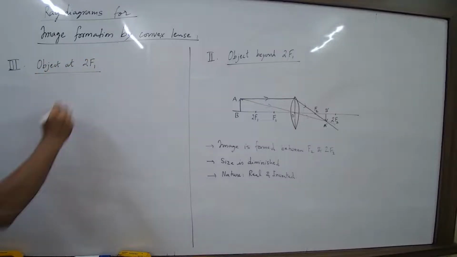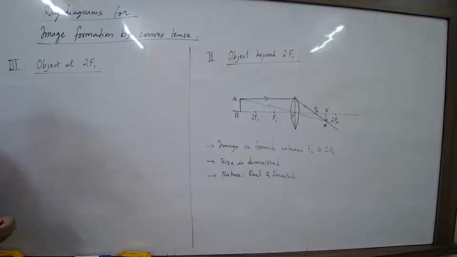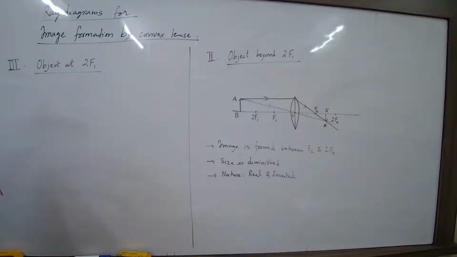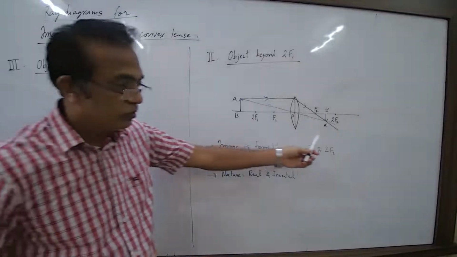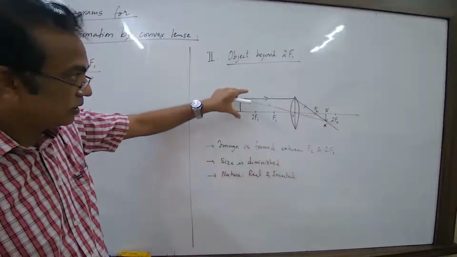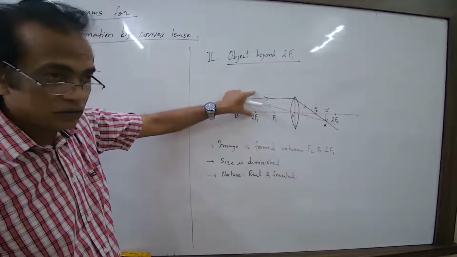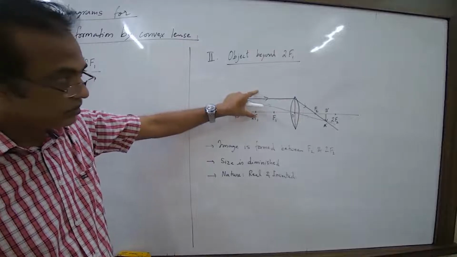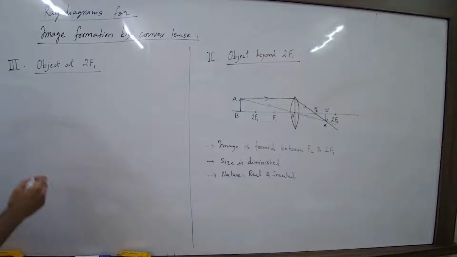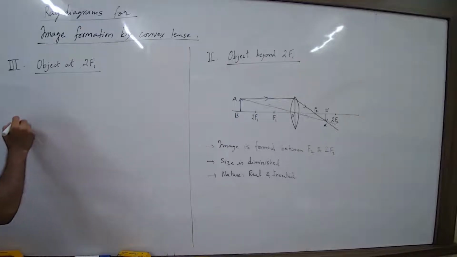So, what is the expected image now? Size? So, it will form at 2f2. It will be further pushed. So, whenever the object is at curvature, you obtain the image of the same size. Okay? So, horizontal line.